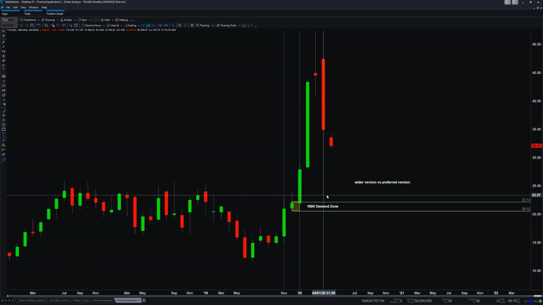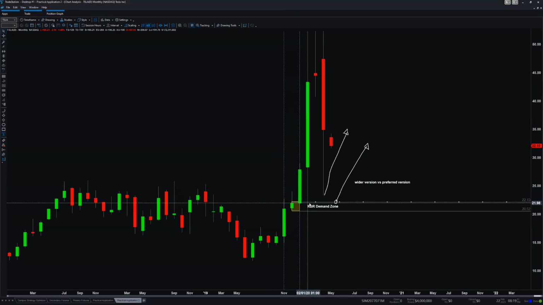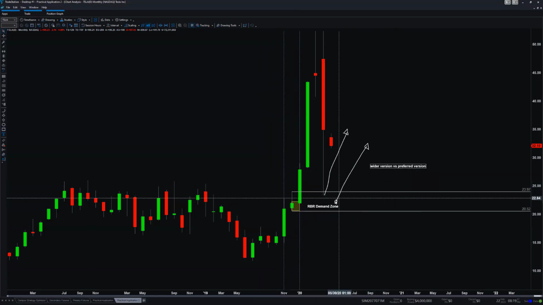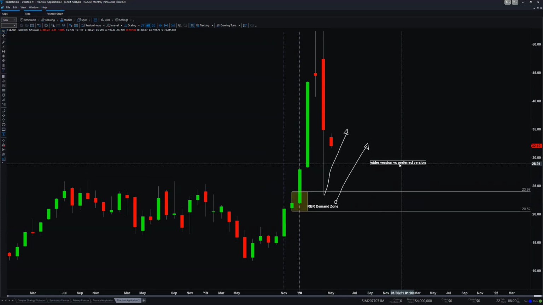And therefore, we would have not been in this trade because price moved higher from here. It didn't move higher from here. So again, sometimes we need the wider version. Sometimes it's better to use the preferred version. Most of the time, it's the preferred version that we will be using, hence the name preferred. The wider version is sometimes applicable if the zone otherwise becomes too small, and if we see enough profit margin within our zones. But later, we'll put some clearer rules around that.